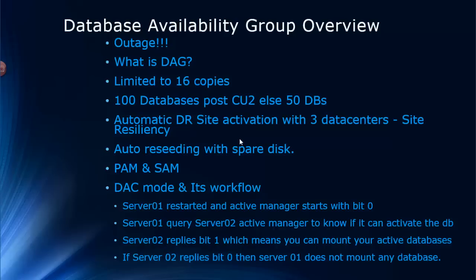SAM accesses the active database copy location state to answer queries about the active copy of the database. SAM provides information on which server hosts the active database copy to the other components.